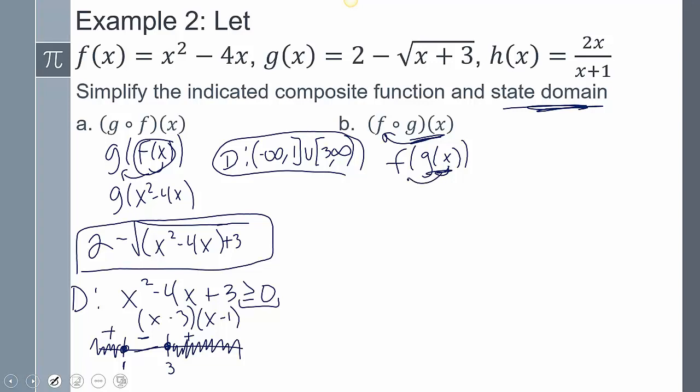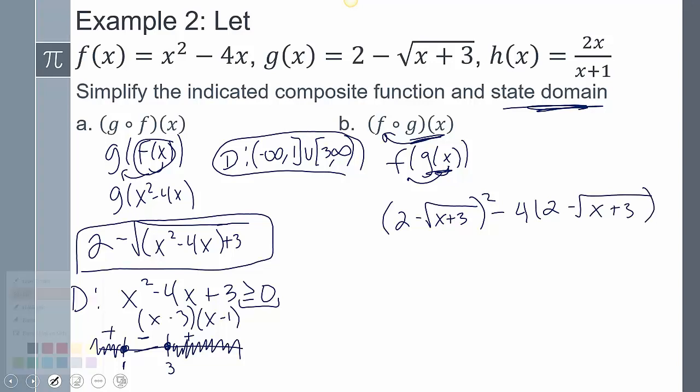So if I do that, I'm now going to get 2 minus the square root of x plus 3, squared, minus 4 times 2 minus the square root of x plus 3. So let's take a step back.